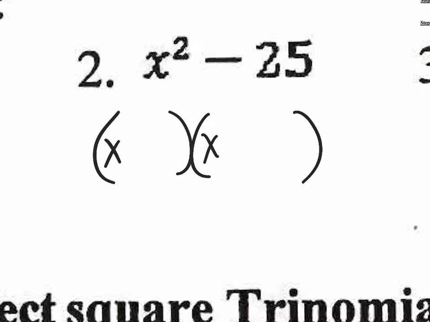What's the middle term? 0. So what times what is negative 25 that if you add together is 0? Plus 5 and negative 5. Plus 5 minus 5. And it doesn't matter if you put the minus first or the plus first. It's the same difference. That's your factored form. Okay. And this is actually a type of problem we're going to be doing in today's section. We'll get to that later.